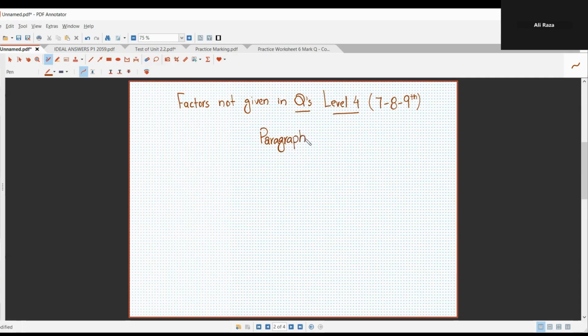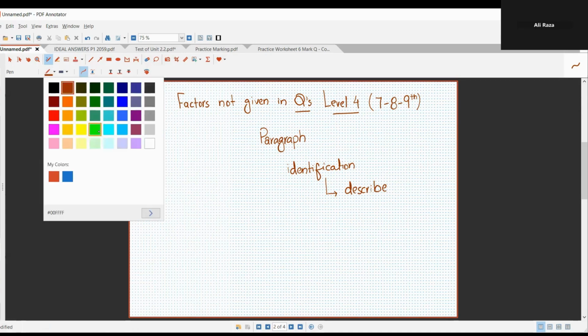These are identification, identification is identifying the reason that is required. Then the next step is describing it. And the most important point is analyzing. What is it?